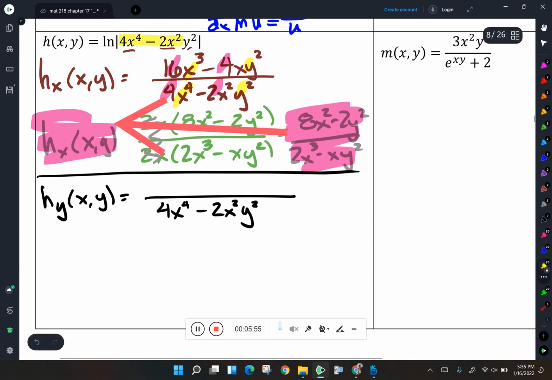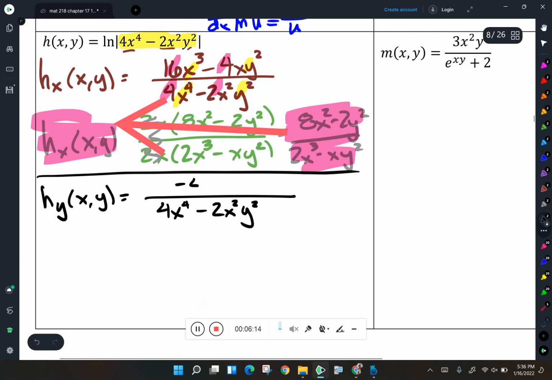So I'm going to take the derivative of this with respect to y. First term has no y's in it. Derivative of 4x to the fourth with respect to y is 0, so it just goes away. The second term, the 2 and the x squared are constant, so I'm only taking the derivative of y squared. Y squared is 2y.